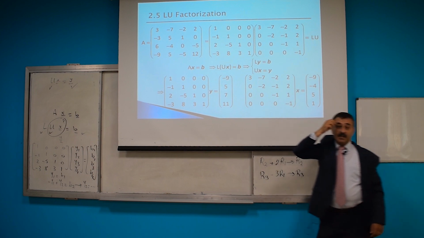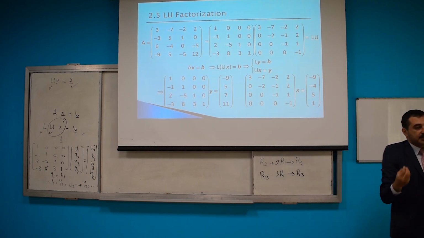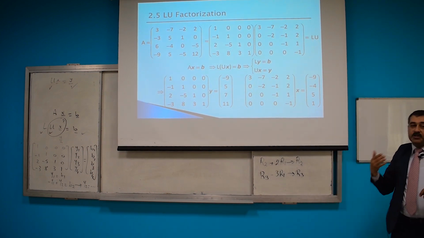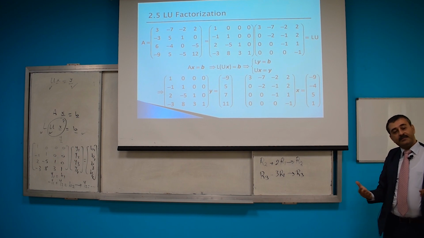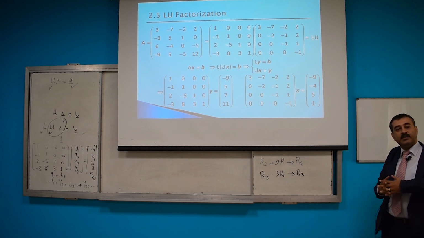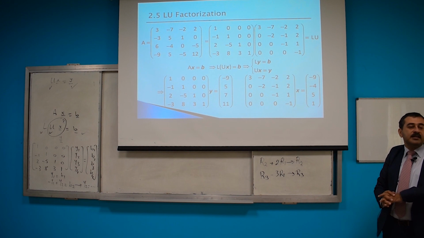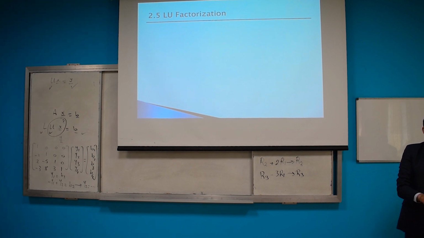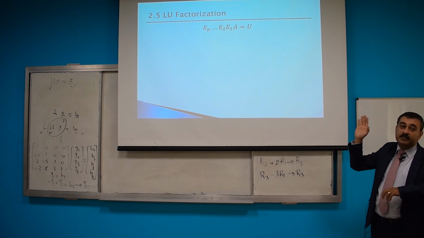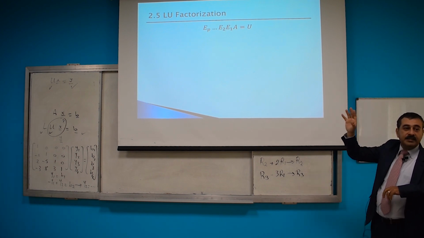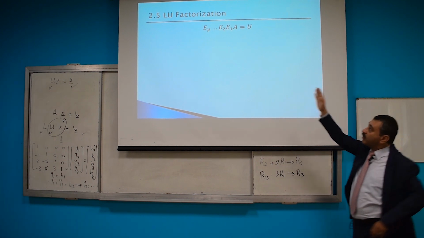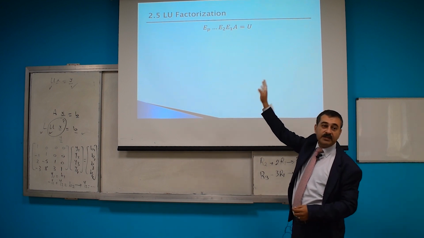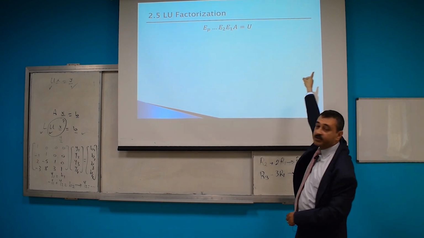And from the theory, I know that these operations can be replaced by multiplying on the left by elementary matrices. So I write this in elementary matrices form. I can say that I did some row operations, and each row operation is equivalent to multiplying A by some elementary matrix until I reach the matrix U.